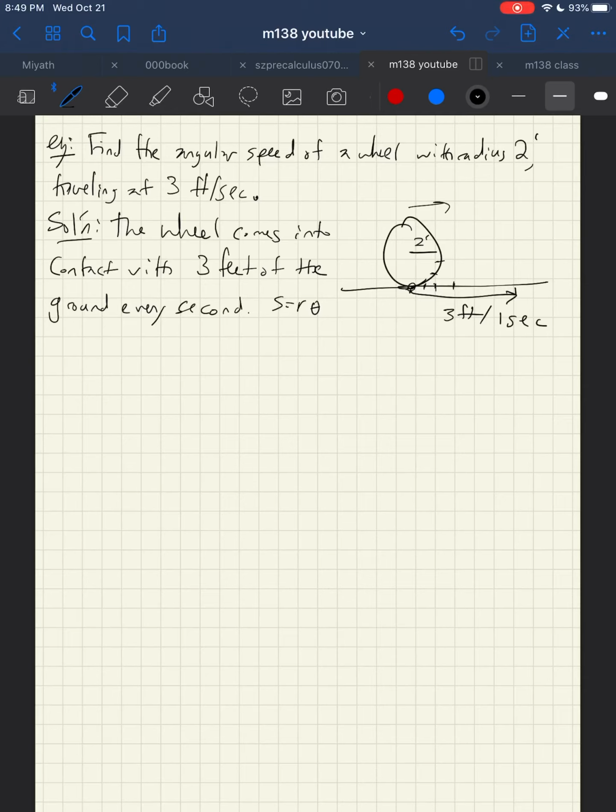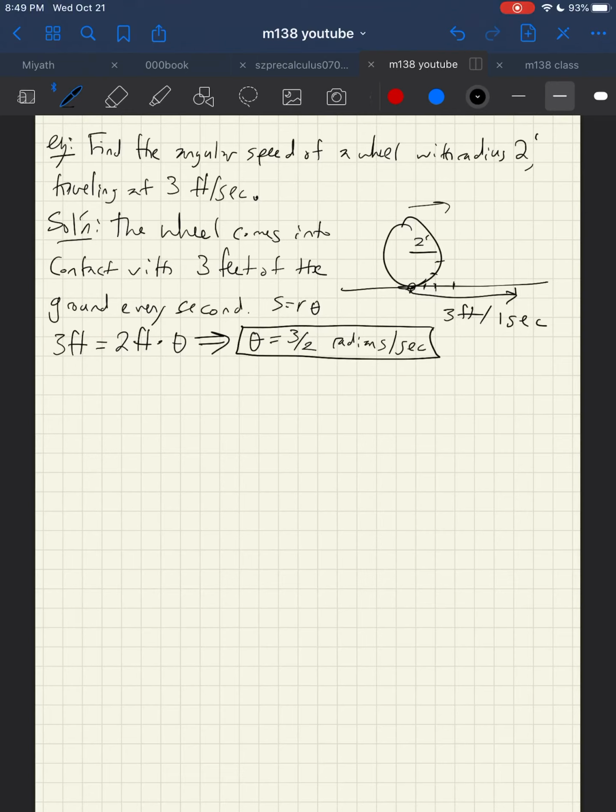S is 3 feet, equals the radius, which is 2 feet, times theta, the measure of the angle that it turns through in 1 second. So we divide both sides by 2 feet, and we get theta equals 3/2 radians per second. Now, if you wanted to, we could convert that to degrees, but you don't have to.